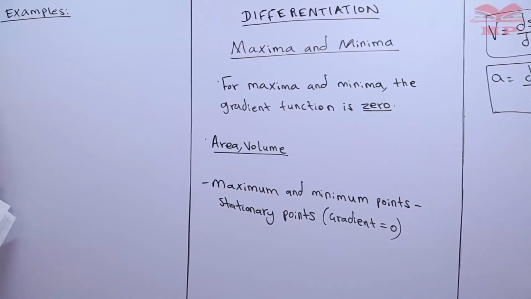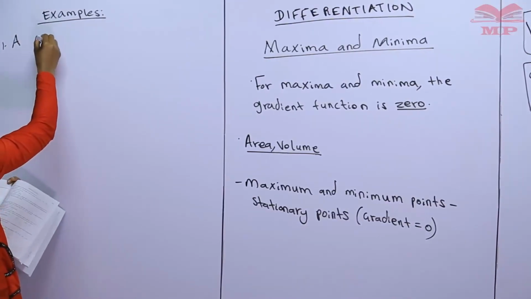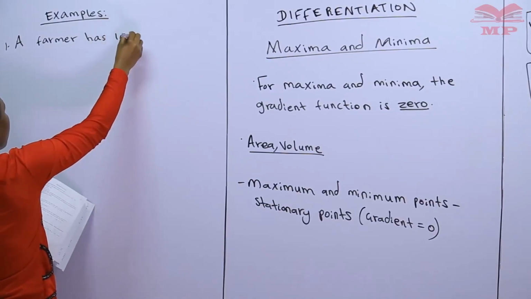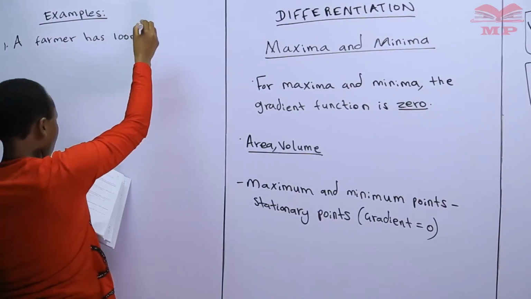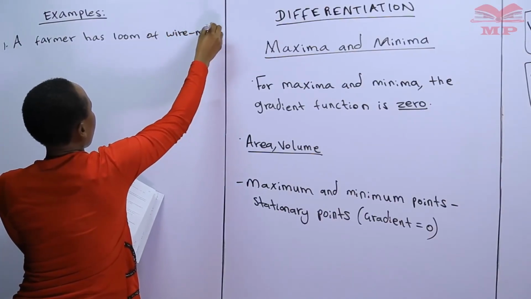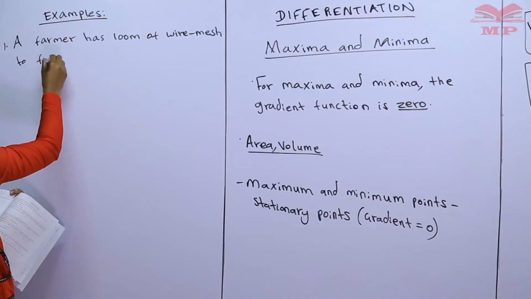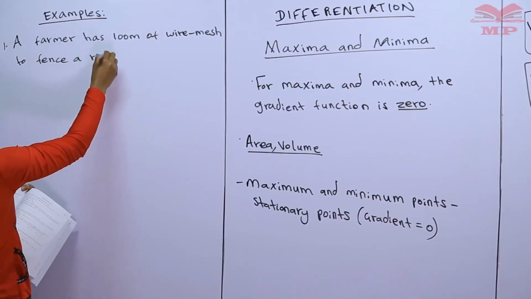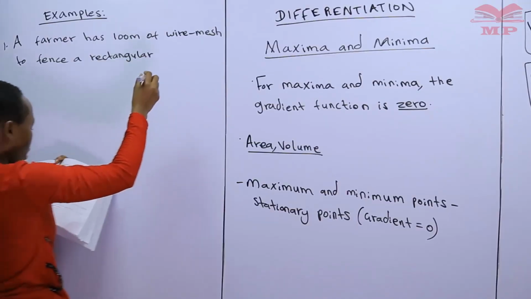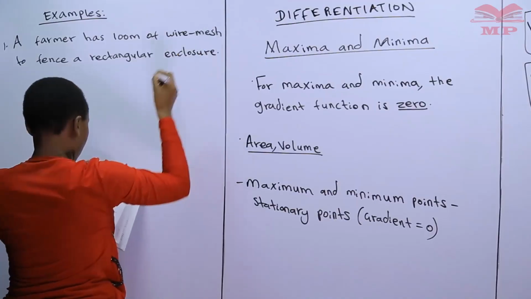Question number 1: a farmer has 100 meters of wire mesh to fence a rectangular enclosure.